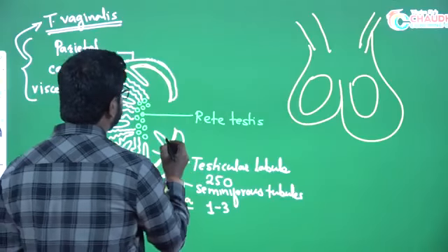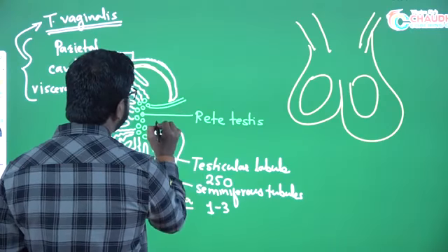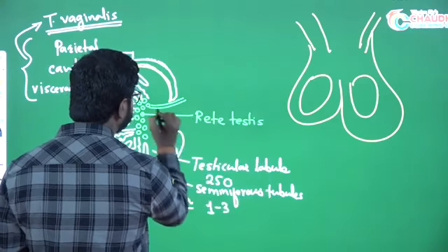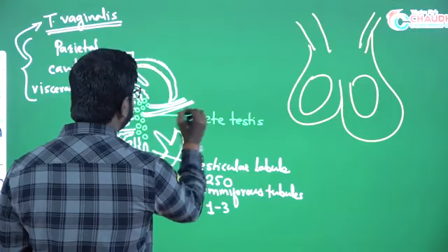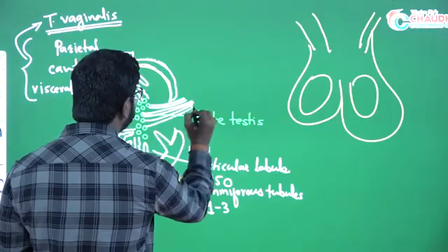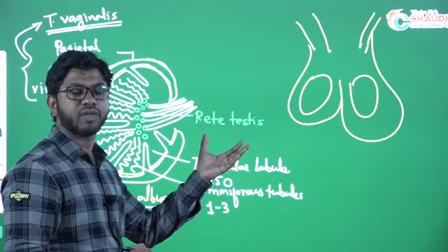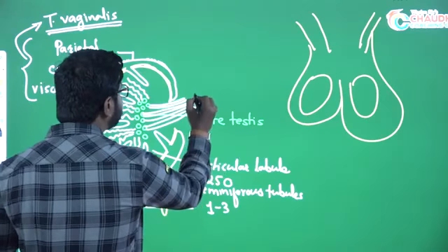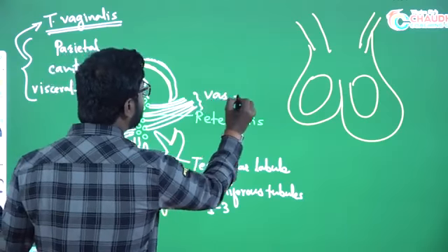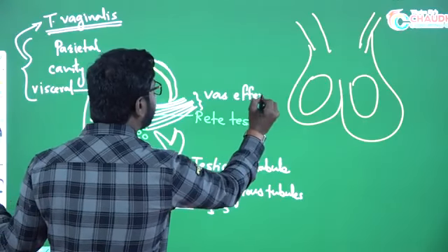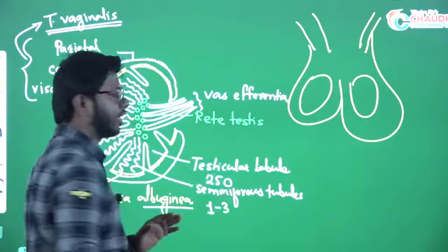Rete testis starts the opening of elongated tubules, which I am showing with the white marker. These elongated tubules proceed from rete testis into the posterior part of the testis, and all these elongated tubules are known as vasa efferentia or vas efferentia, one and the same thing.